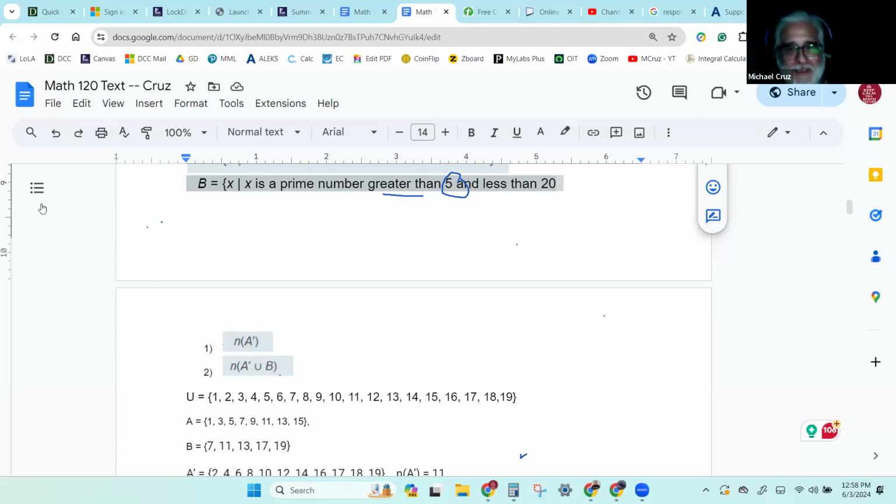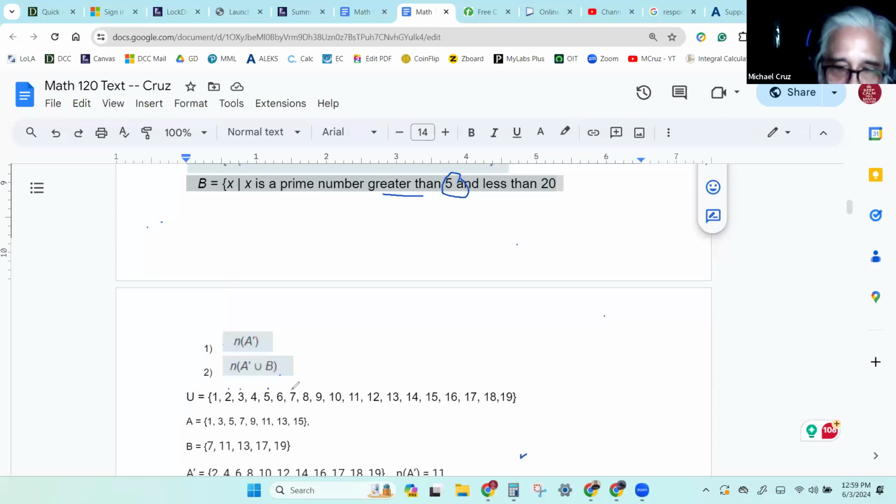But anyway, 2 is a prime number because it's divisible by only 1 and by itself. Same thing with 3. It's a prime number, only divisible by 1 and itself. 4 is divisible by 2, 1, and itself, so it's not prime. 5, only divisible by 1 and 5, so it's prime.